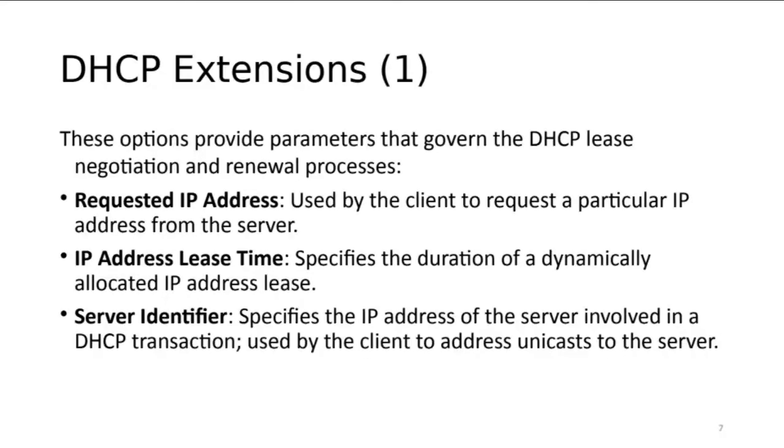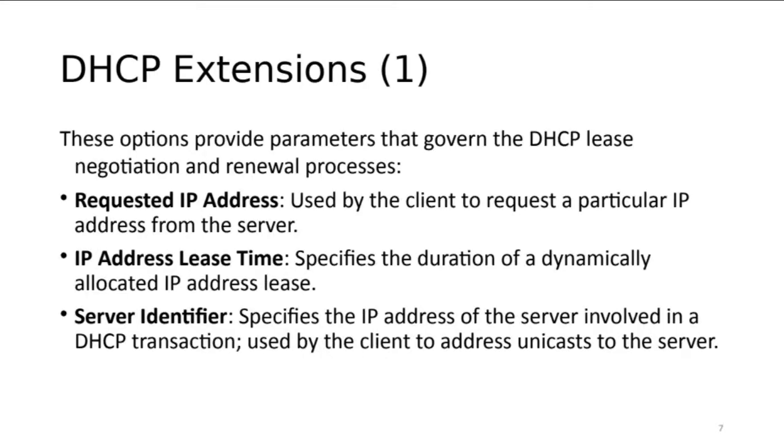So lease time is there only in the dynamic allocation. Server identifier specifies the IP address of the server involved in a DHCP transaction. This is used by the client to address a unicast, meaning only to one machine. So it's sending a unicast, not a broadcast. So it is sending to that specific DHCP server.